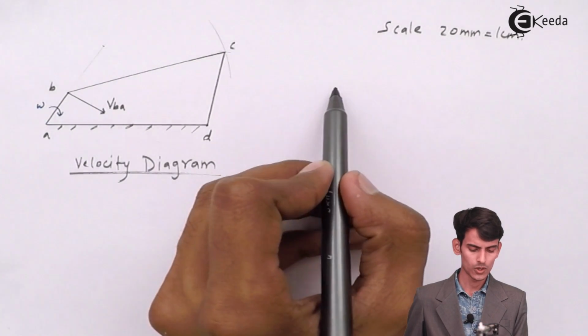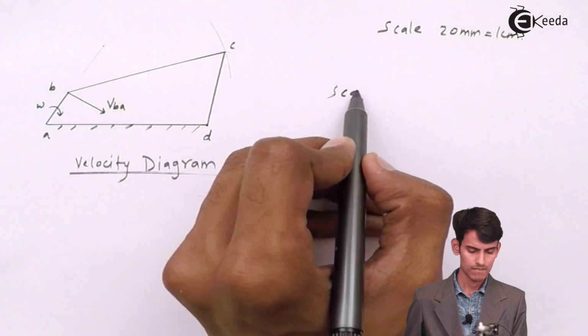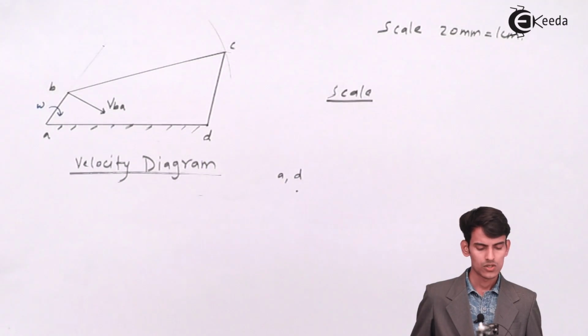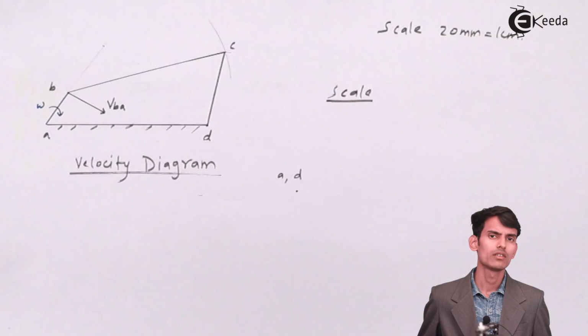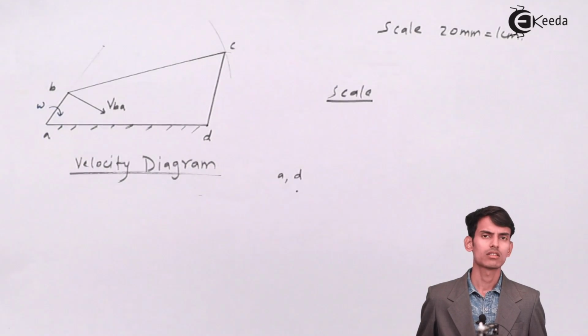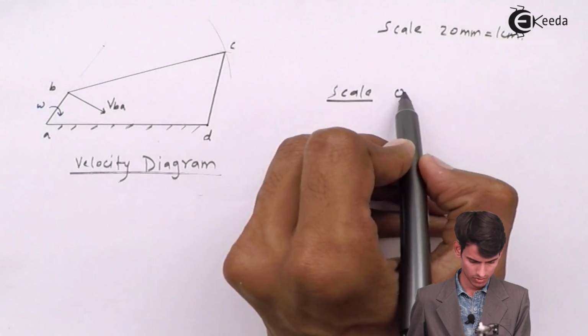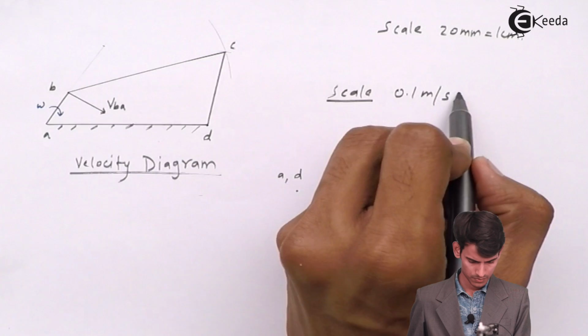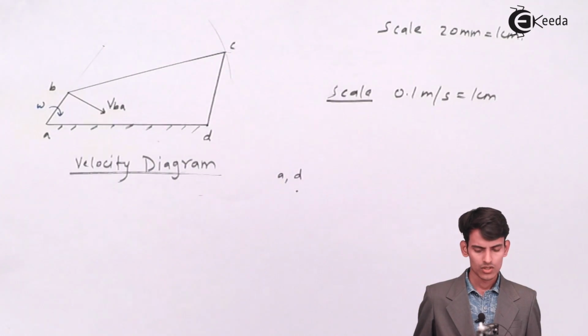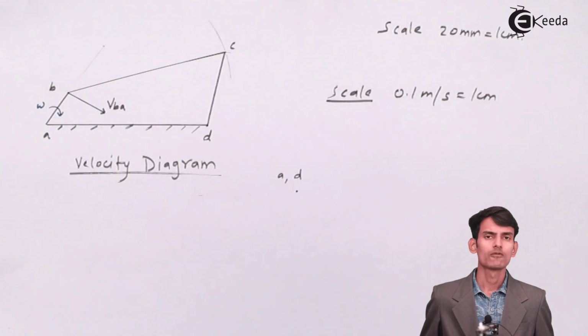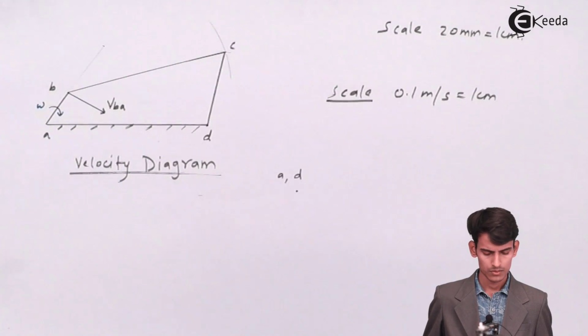So select a scale for velocity diagram. Since the value of velocity is 0.5, let's take the scale as 0.1 meters per second is 1 centimeter. So the velocity of B with respect to A will be 5 centimeters.